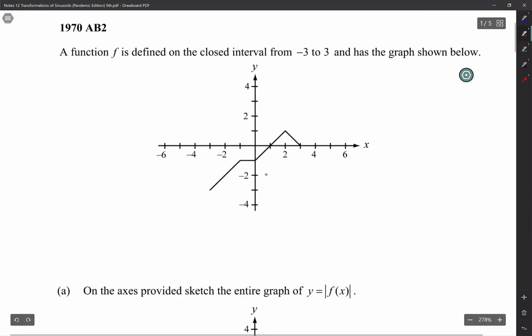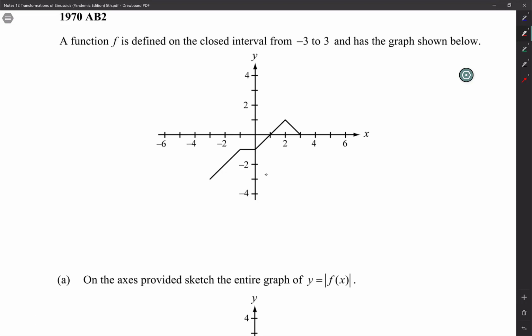So here's the original function. I'm going to create a table, guys. I'm going to be plotting these points specifically: (-3, -3), (-2, -2), (-1, -1), (0, -1), (1, 0), (2, 1), and (3, 0). So those points that you see there, I'm going to be plotting them in a table.